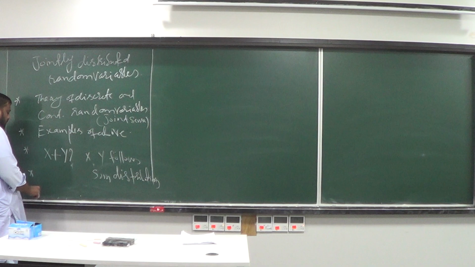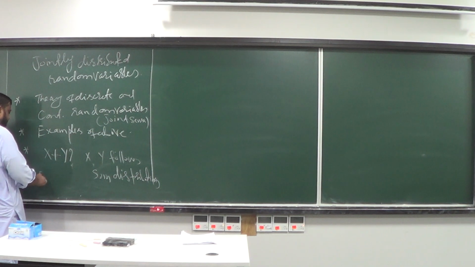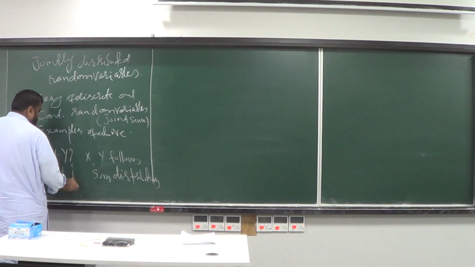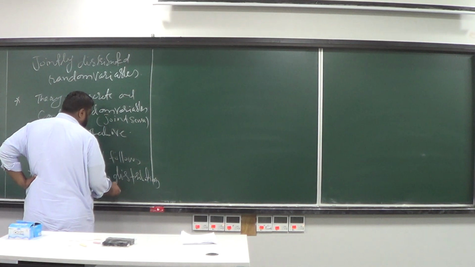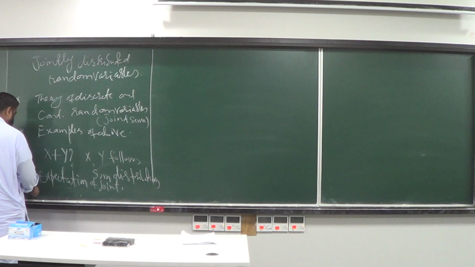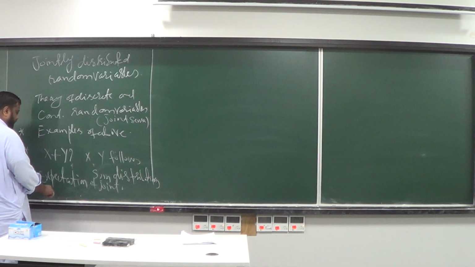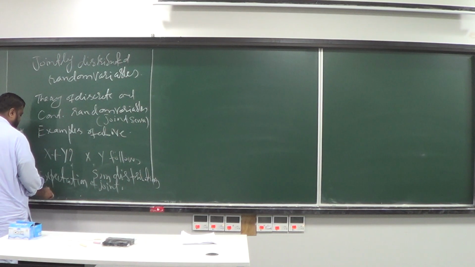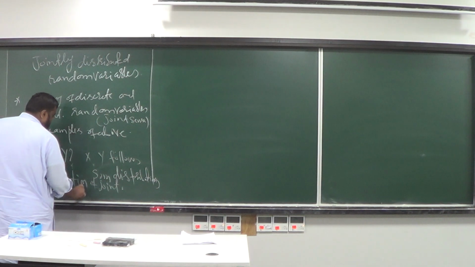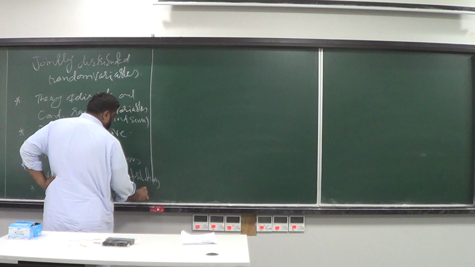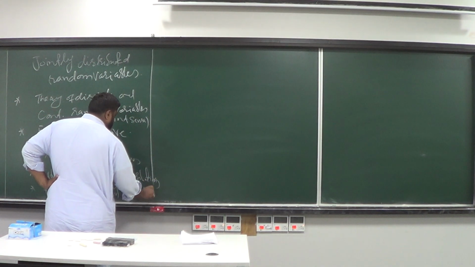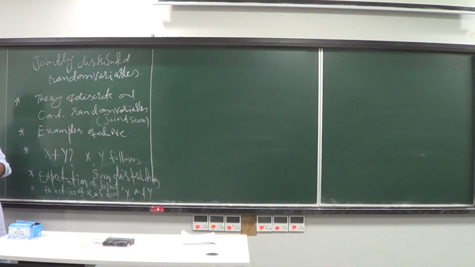And then we will talk a little bit about the expectation of joint random variables, and then finally, if you have a function of random variables x and y, what will be the probability distribution of that function of random variables that depends on more than one variable, x and y.